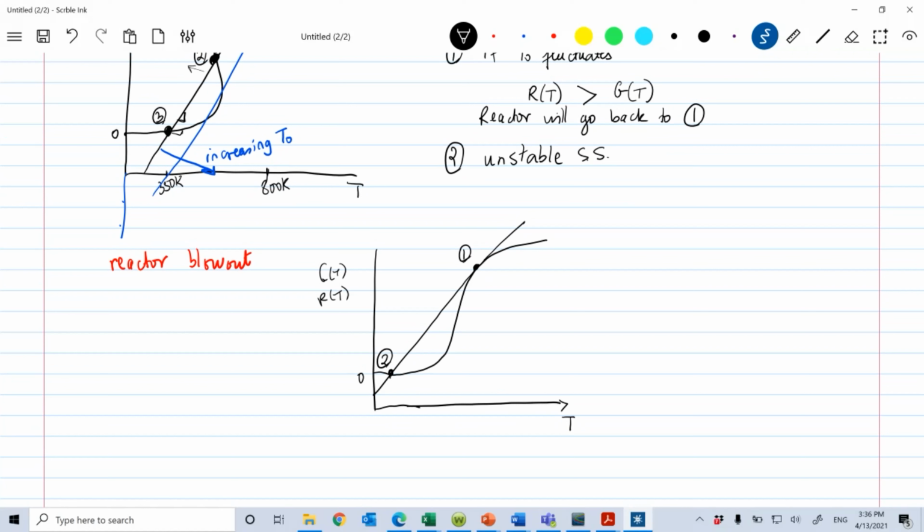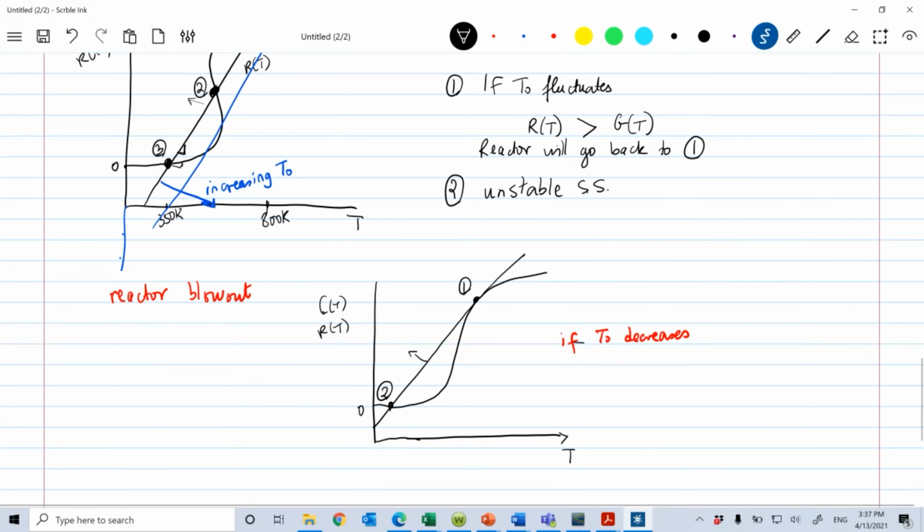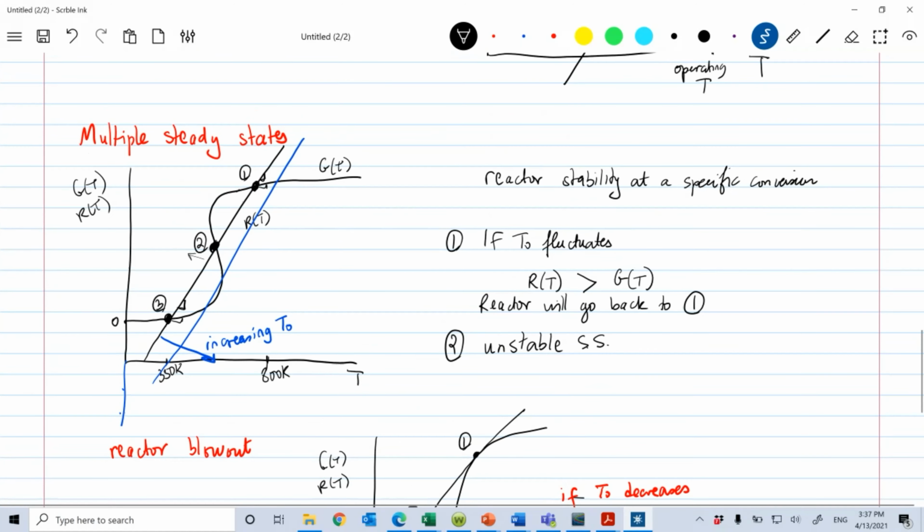So if for any reason your T naught decreases, or if you partially lose a little bit of your cooling.